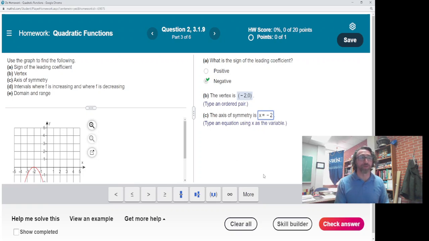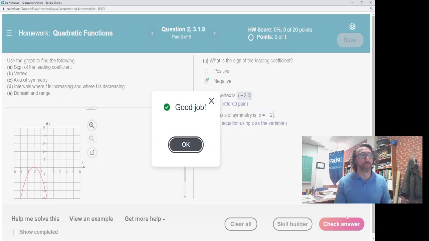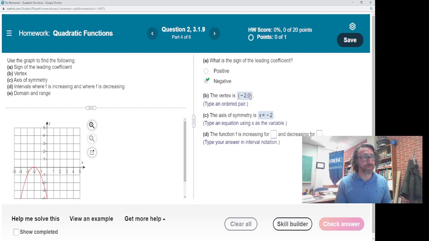That's the axis of symmetry. All right, so moral of the story, if you know the vertex, then you automatically know the axis of symmetry. And since it's a vertical line, the equation will always be x equals. If I put in an equation that said y equals a constant, that would be a horizontal line. x equals a constant is vertical.